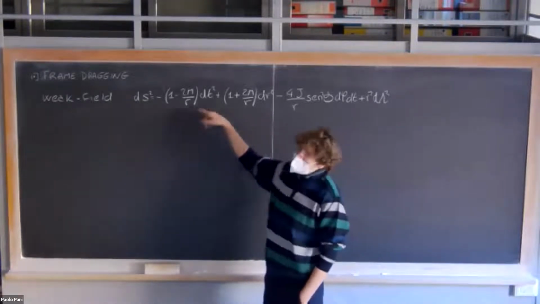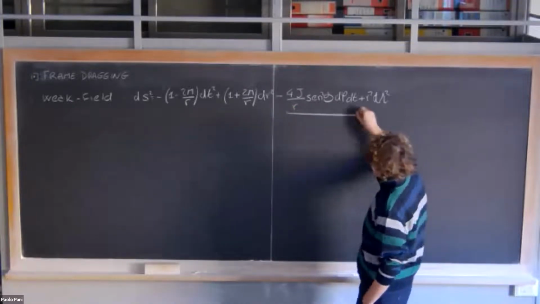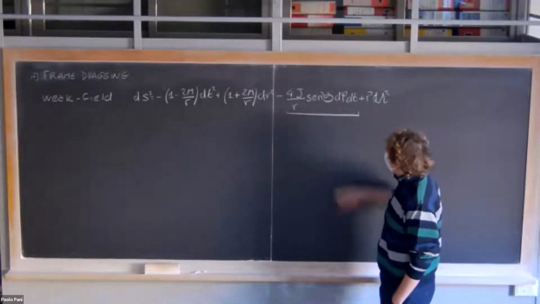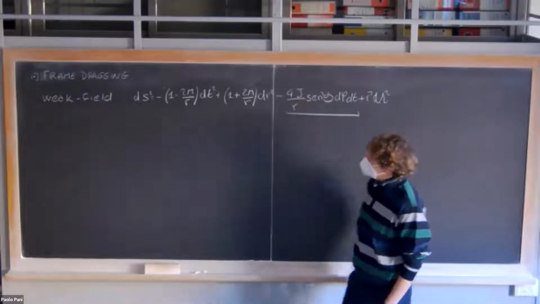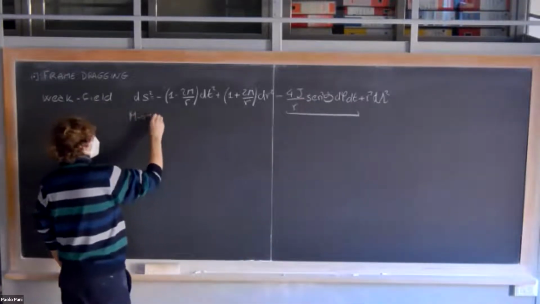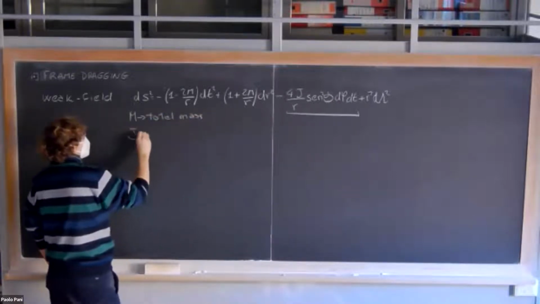This metric is the large distance expansion of the Schwarzschild solution plus this extra term that we can call a gyromagnetic term, an off-diagonal term that depends on the phi t component. In this weak field expansion, M is the total mass of the space-time, while J is the angular momentum.